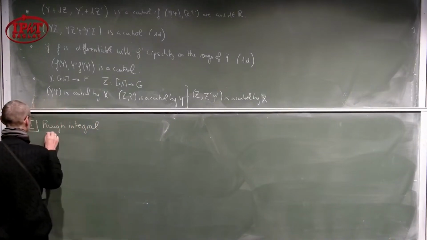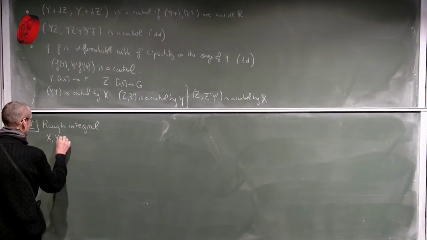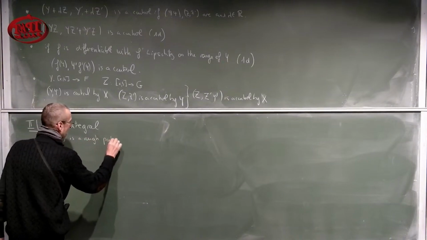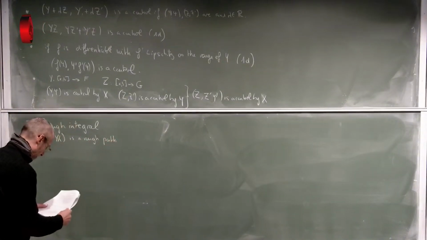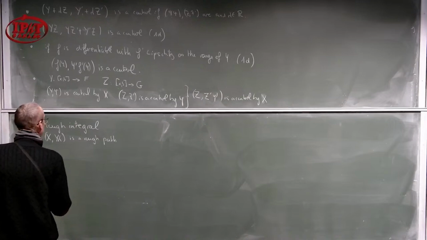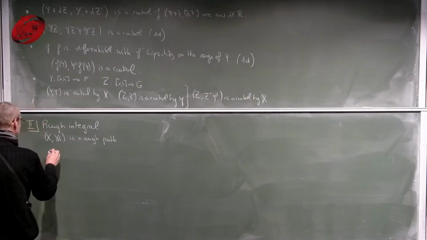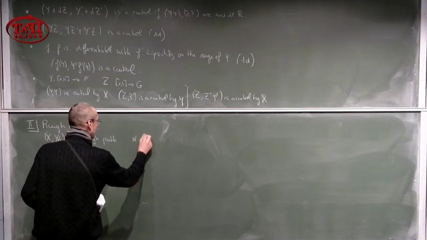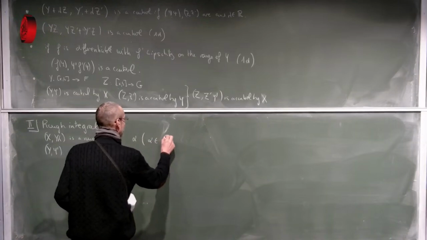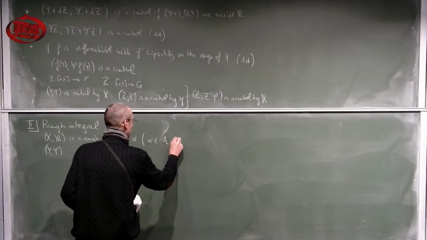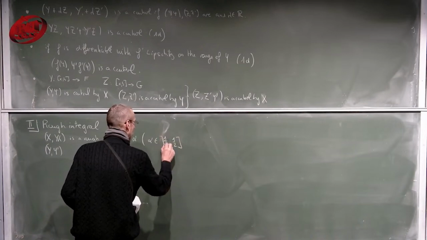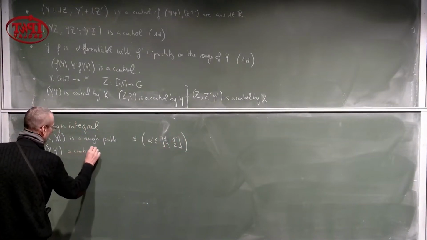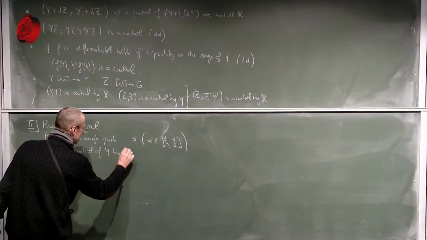Imagine that x is a rough path, and imagine that y prime is, with alpha, and you can think of alpha being in (1/3, 1/2), a control of y by x.